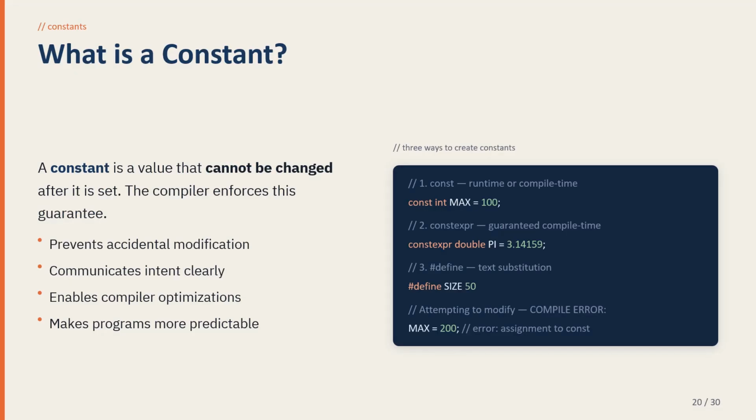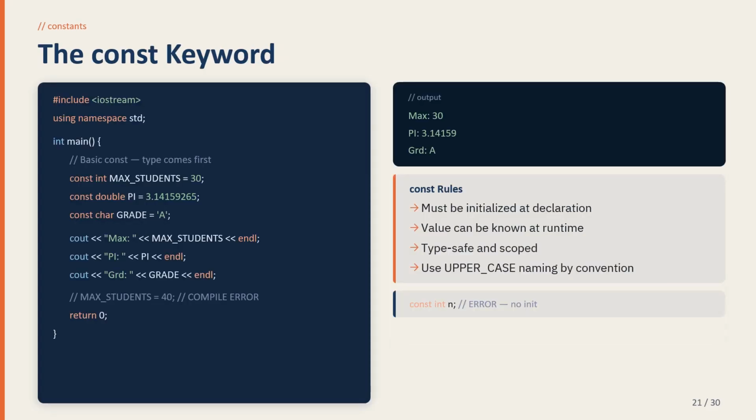Next come constants in C++. A constant is a value that cannot be changed after it is set. This is displayed here in the code. This can be done using the const keyword, constexpr, or by using the #define directive.